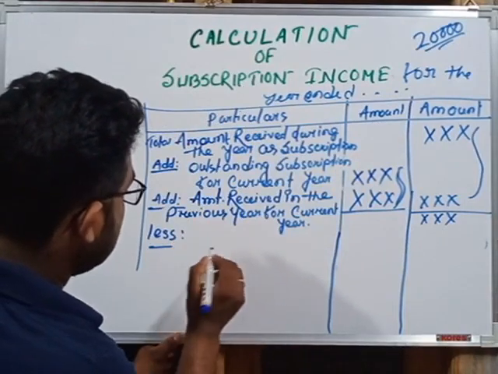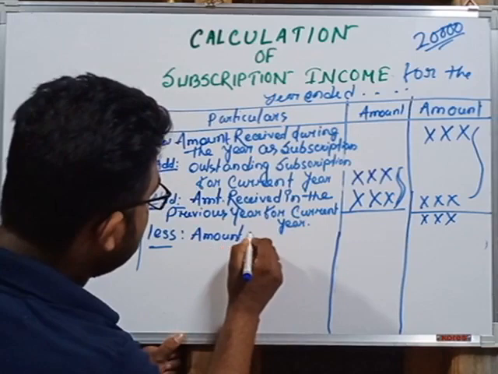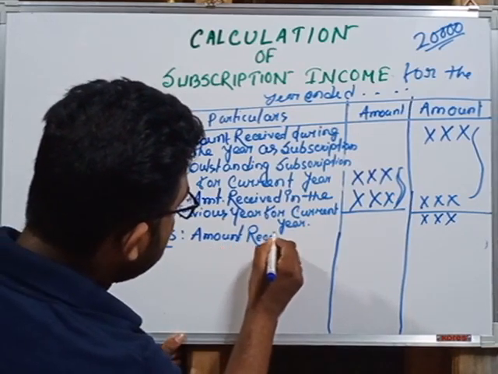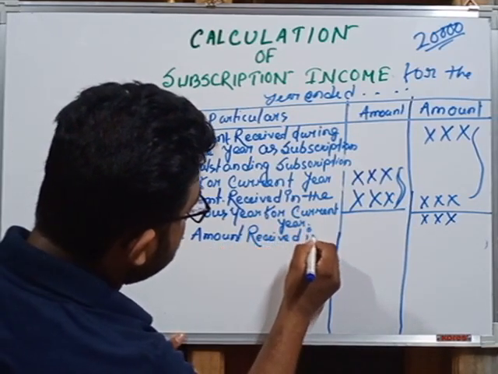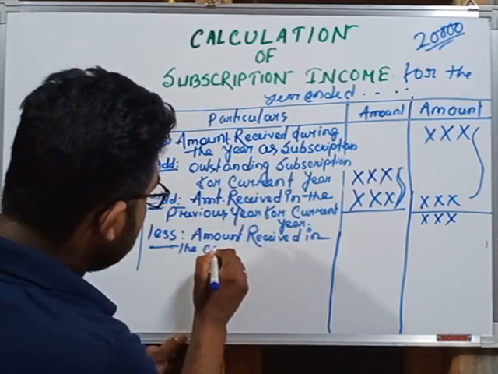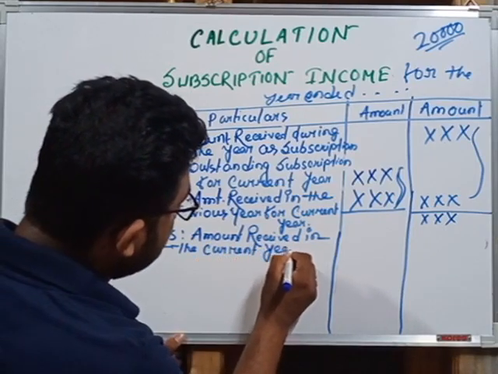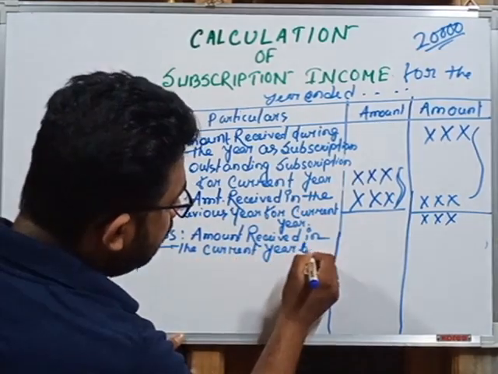This first item is amount received in the current year but for previous year.